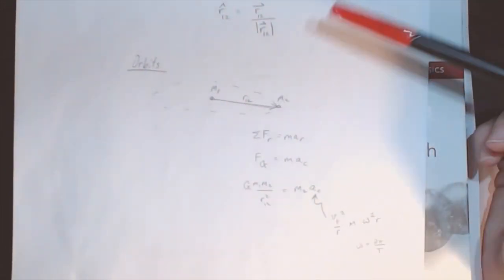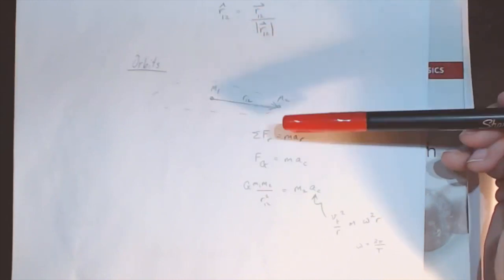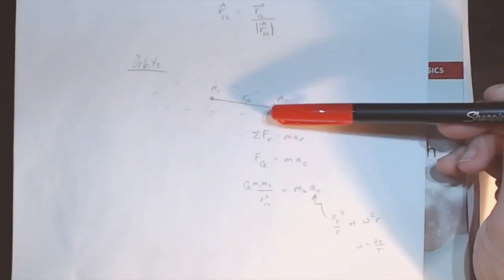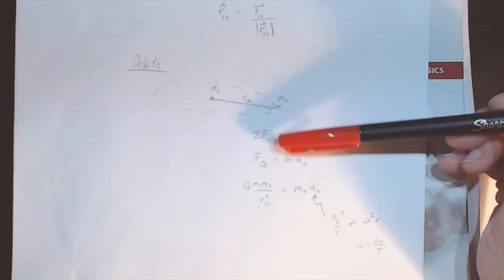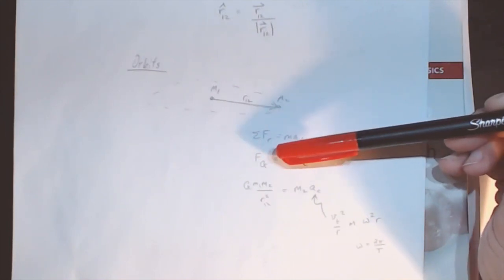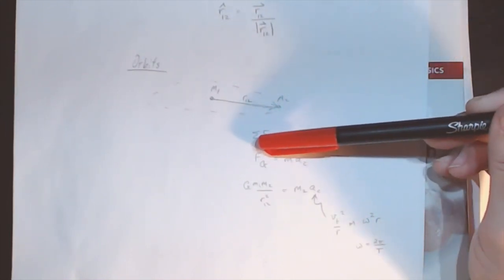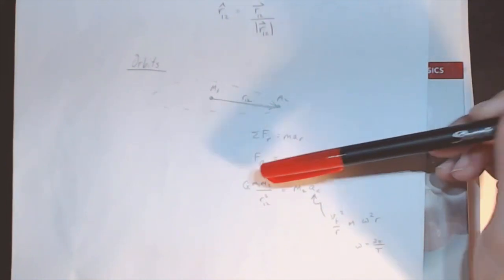We use the magnitude of this force when we're doing orbit problems because our force in the radially inward direction is the gravitational force, the universal law of gravity force. So we plug that in here.